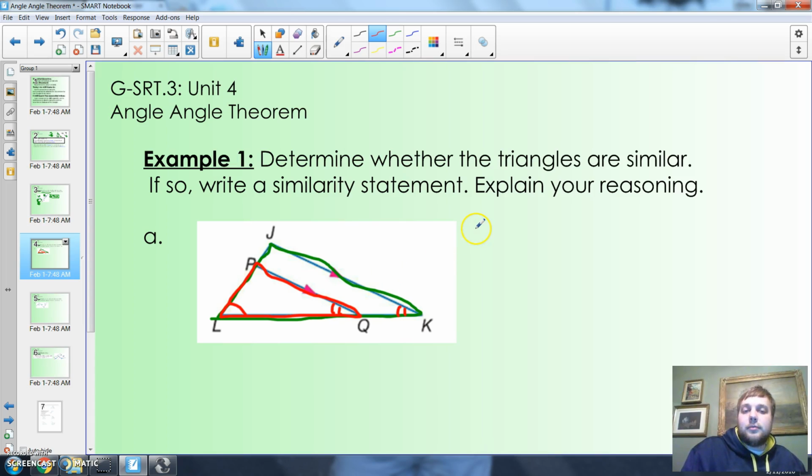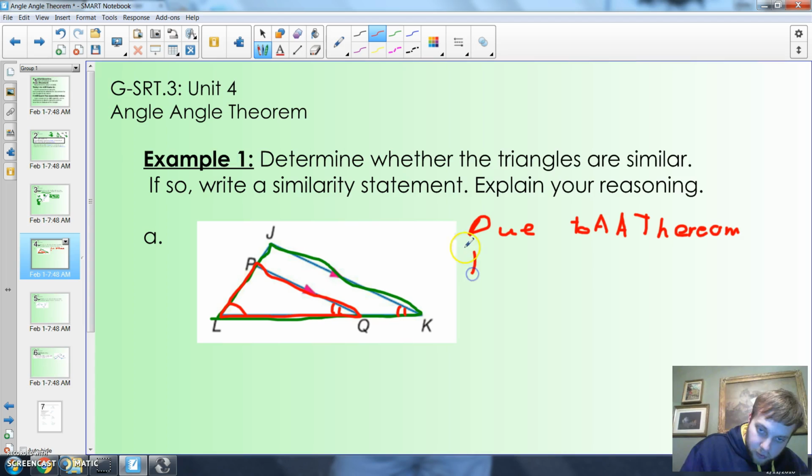And thus, due to the angle theorem, these triangles are congruent.